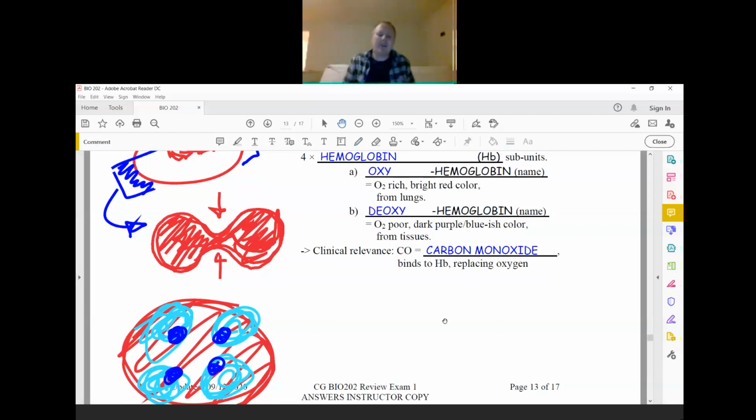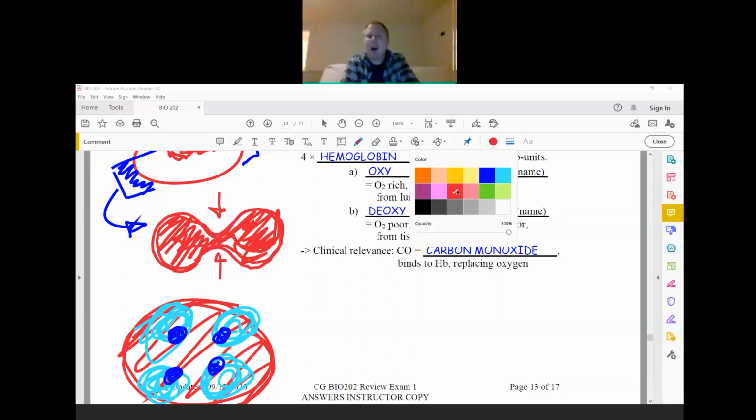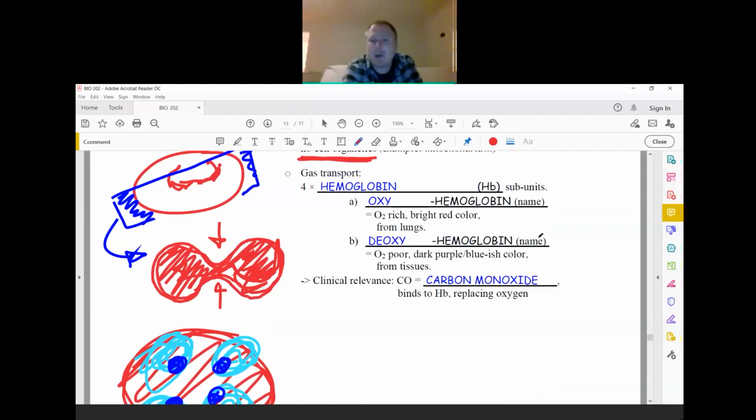Well, if all of these 4 hemoglobin subunits have an oxygen bound into them, which is the maximum amount of oxygen that can bind into a single red blood cell, that is known often in diagrams as being bright red in color. So if you see diagrams where we're discussing, for example, flow of blood, these arrows would often be bright red, or these cells would be drawn as being bright red.